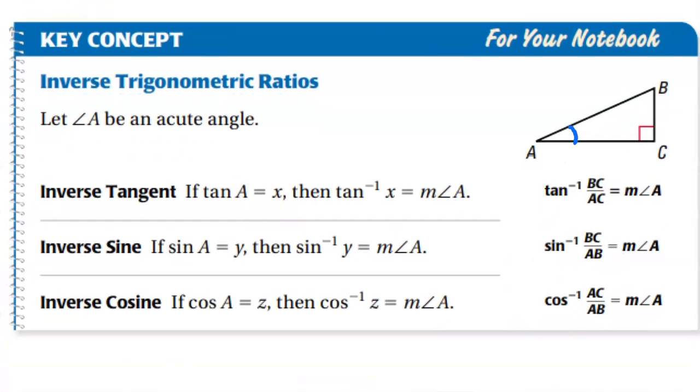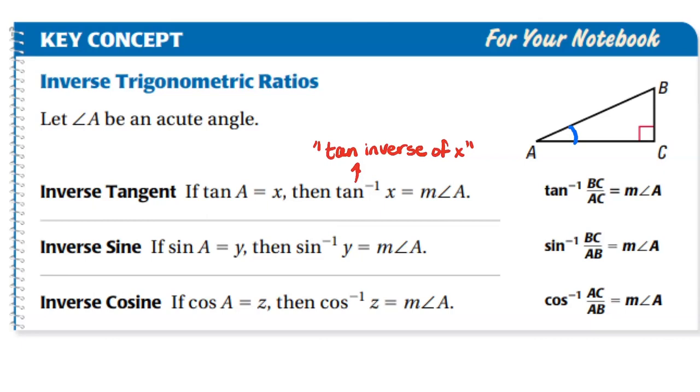So I'm just going to put right above here, this is read as tan inverse or tangent inverse of x. What I don't want you to confuse is this is not raised to the -1 power. This is strictly a notation. I don't know if you guys remember, but raising to the -1 power flips something. So if you have x to the -1, that's the same as 1 over x to the first.